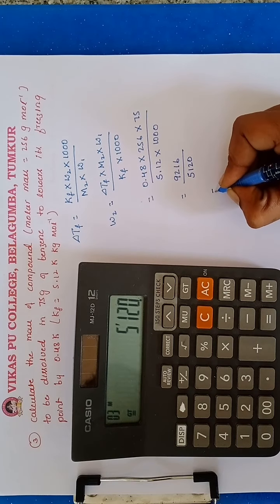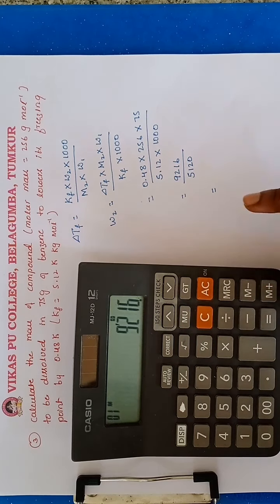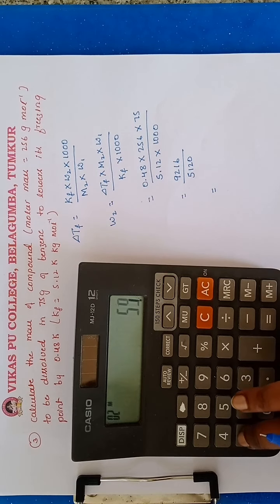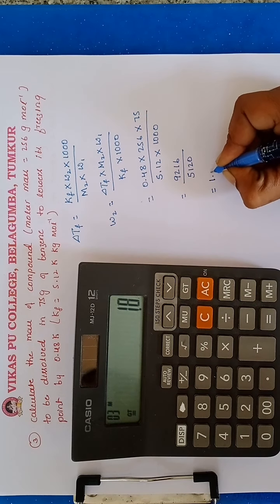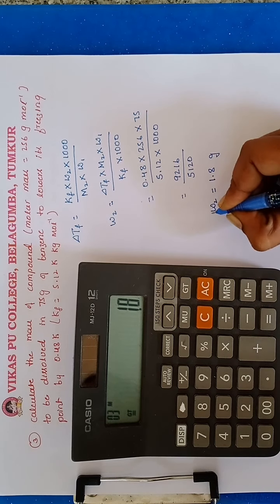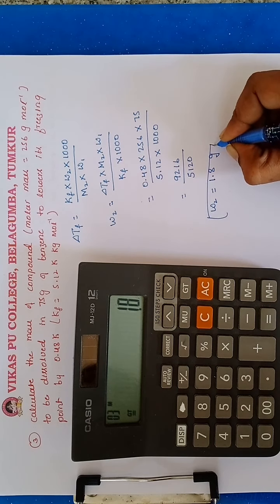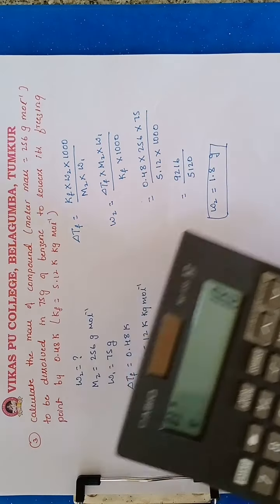Then dividing this, 9216 divided by 5120 equals 1.8 gram, that is the WO2. Then the mass of the solute is 1.8 gram.